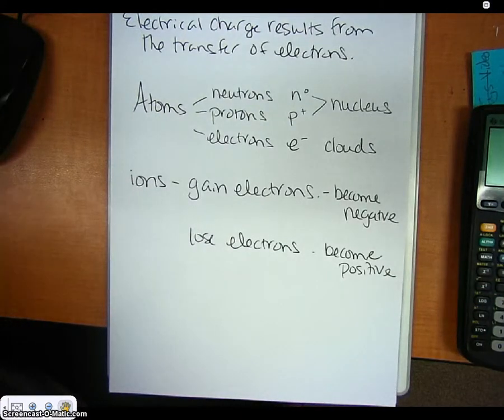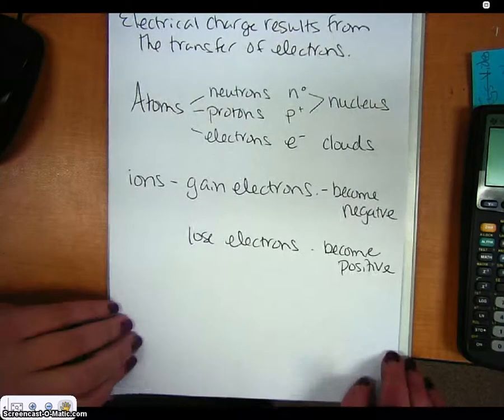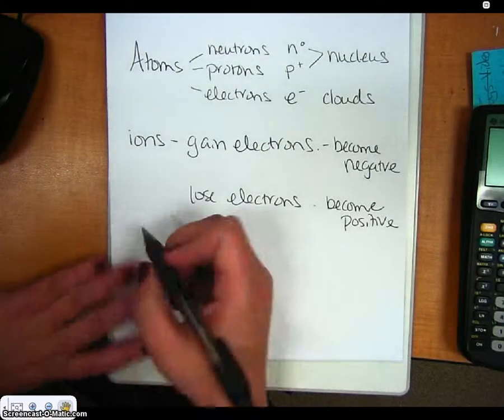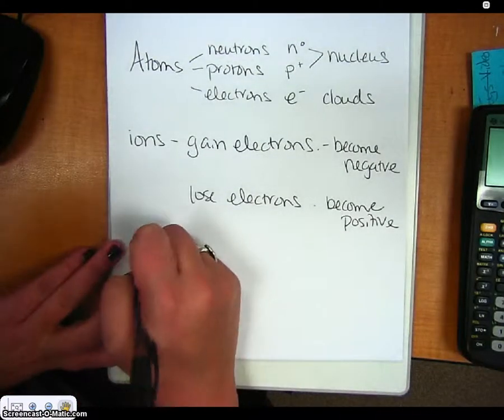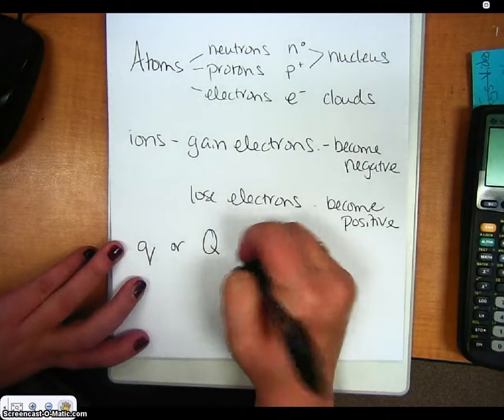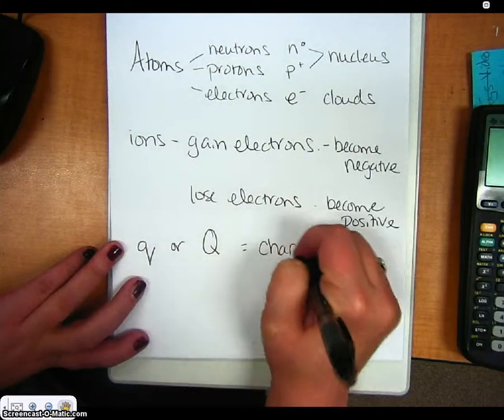So charge actually has a value, and the unit for charge is coulombs. The variable that we use is Q. Sometimes you'll see it as little q or big Q, and this means charge, okay?